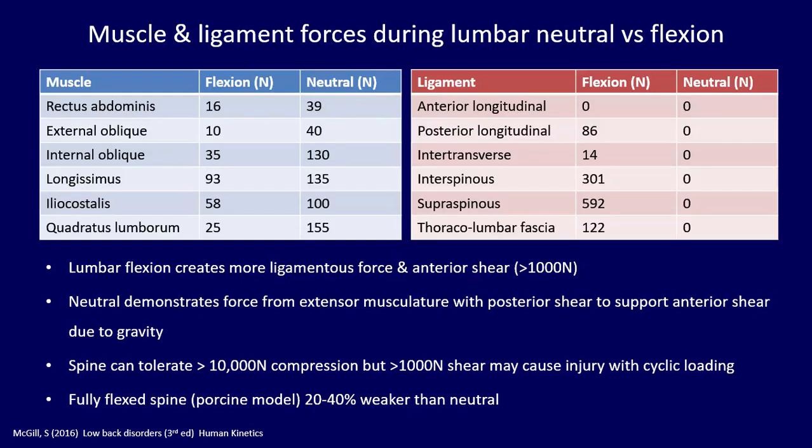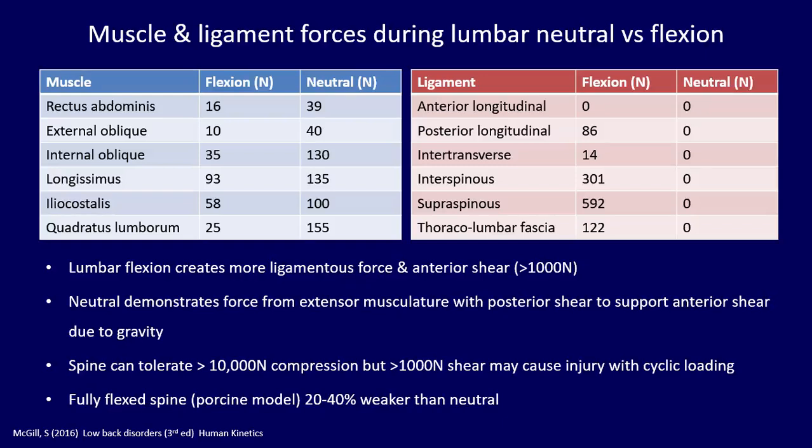And this study is looking at the difference between the resistance provided inactively through ligament and actively through muscle. And what we can see when we look at the muscle is that in the neutral position the muscle is more active, because in flexion there's less muscle activity because the ligaments themselves are placed on stretch.